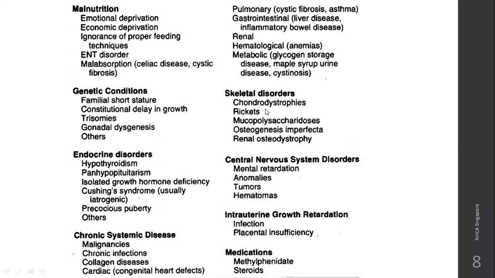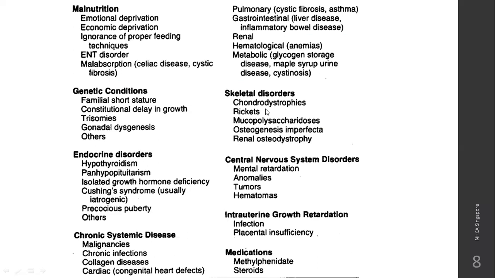Then skeletal disorders: chondrodystrophies, where chondrocytes are not made properly, rickets, deficiency of vitamin D, mucopolysaccharidosis, osteogenesis imperfecta, not being able to achieve proper linear development, renal osteodystrophy. So these are the skeletal disorders the child may suffer from that could lead to failure to thrive.